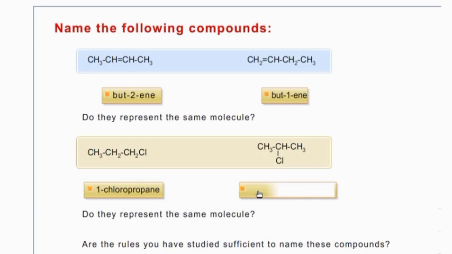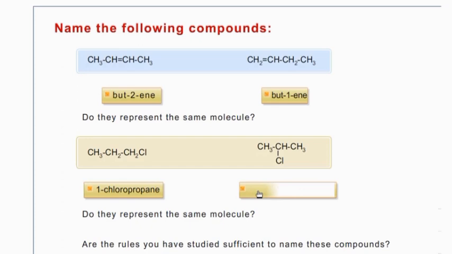No, it's not identical. You could see that in the first molecule, the double bond is between the second and third carbon atom, whereas in the second molecule, the double bond is between the first and second carbon atom. You must have learned about this. This is what we call isomerism.